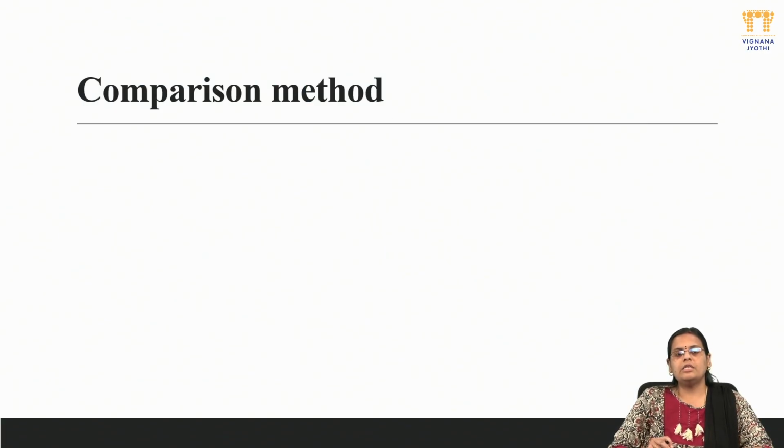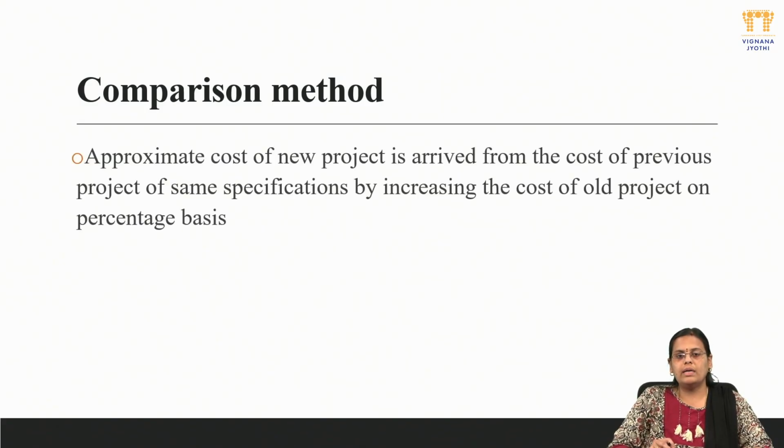Right. Next method is comparison method. This method is useful when you have encountered a similar construction in the past with the same specification. For example, you have gone for a construction of a bus bay somewhere around 15 years ago at a locality. And after 15 years, you are planning to construct another bus bay at the same locality.